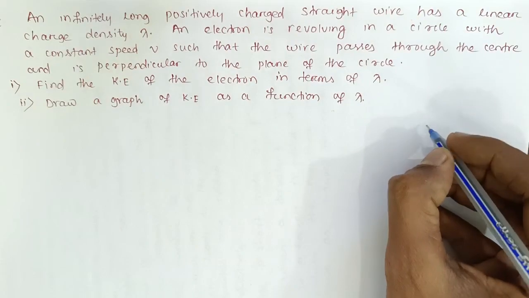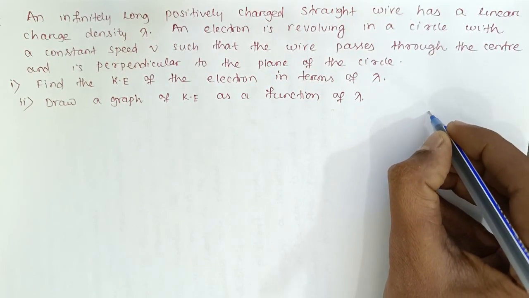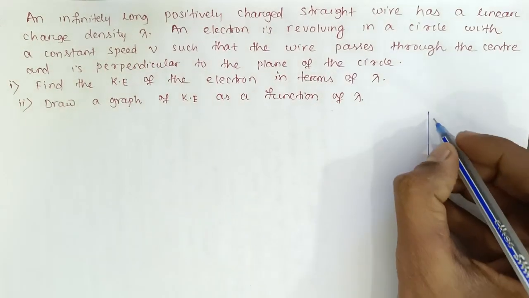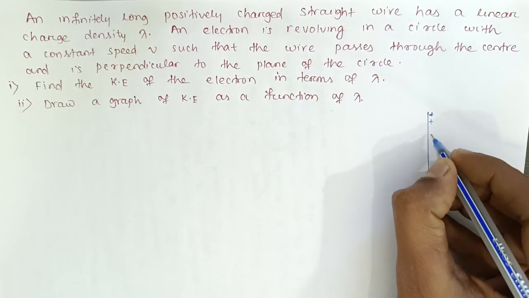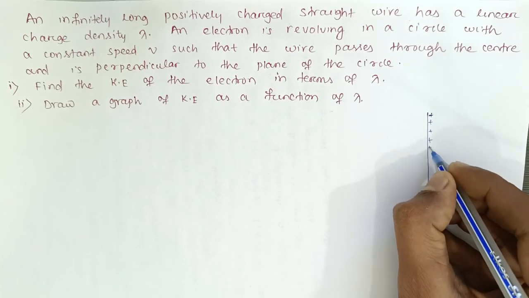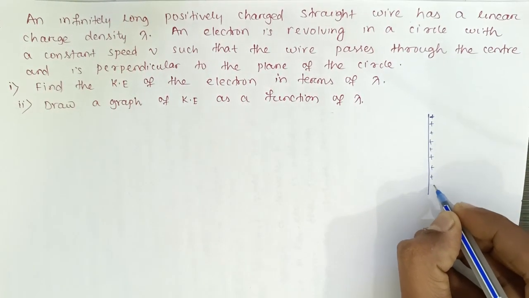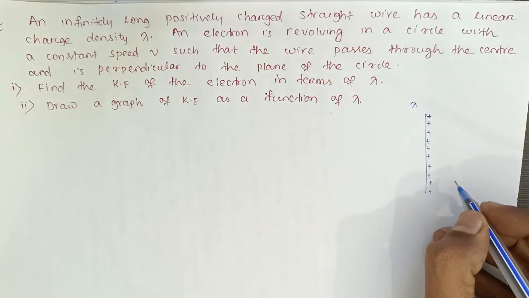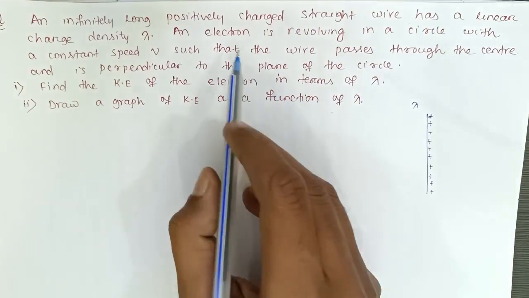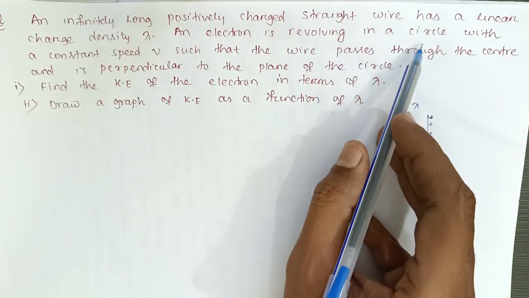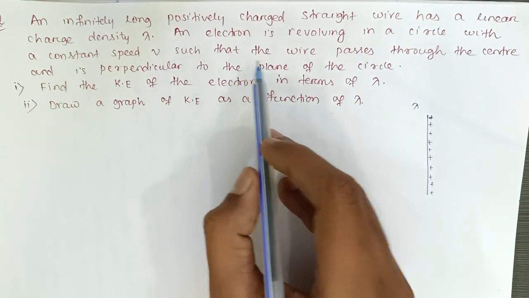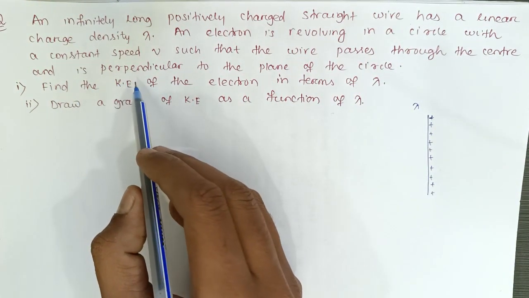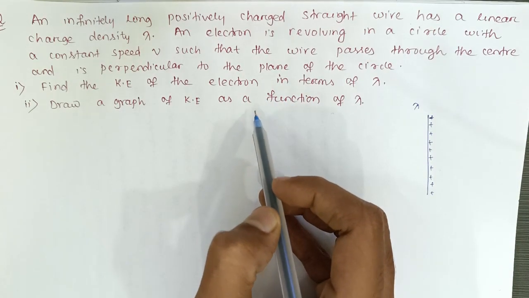So it is given that we have an infinitely long charged straight wire like this. Suppose this charged wire is positively charged and it has a linear charge density lambda. Lambda is the linear charge density, means the charge per unit length. An electron is revolving in a circle with a constant speed v such that this wire passes through the center and is perpendicular to the plane of the circle.